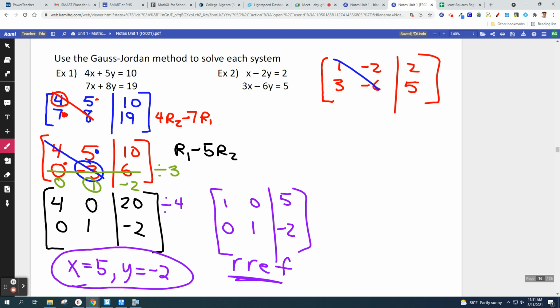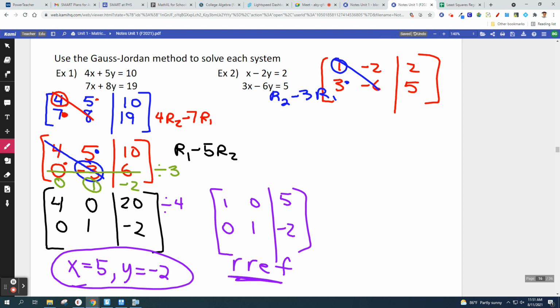We want zeros elsewhere. And so the first one I'm going to knock out is this 3, using the 1. We need to come up with a rule that knocks out a 3 using the 1. What can we do? Row 2 minus 3 row 1.